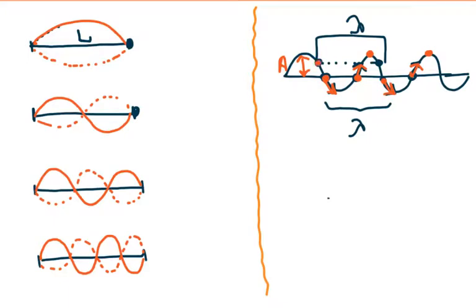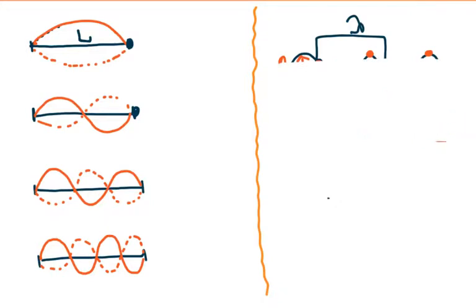Or maybe how long will it take from this point to this point? So in other words, how long does it take to travel one wavelength? That one is called the period, and is measured in seconds. So when the wave completes one full motion around itself, like a revolution, it is called the period. It's the time it takes to do one revolution.